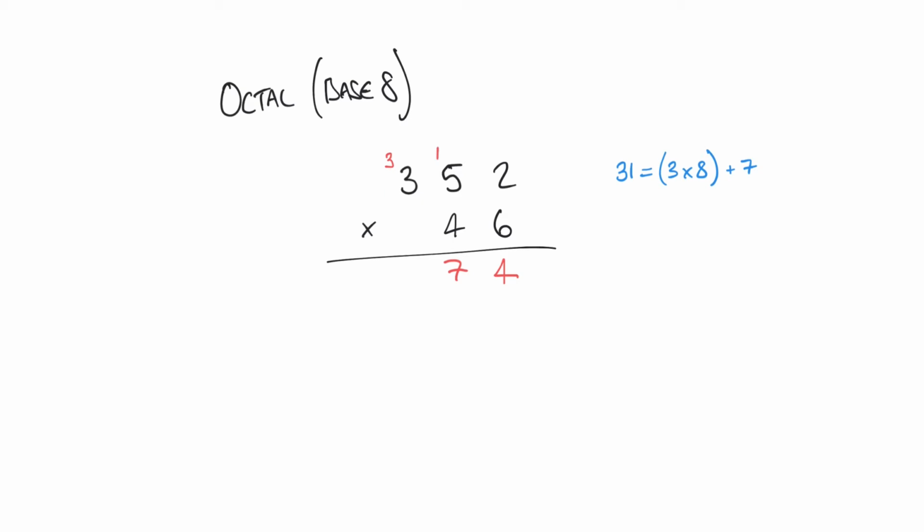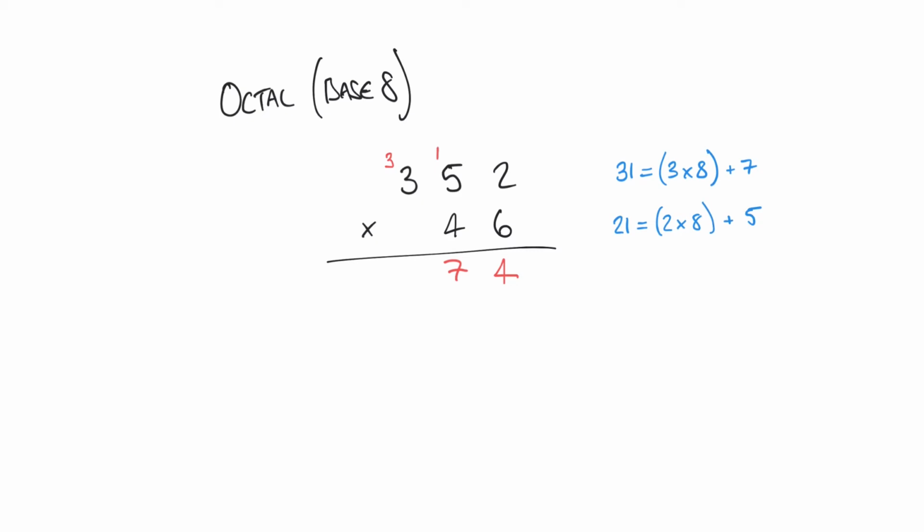On the right hand side again, we'll make a little note, because 21 is made up of 2 groups of 8, which gives us 16, which means there's another 5 left over.